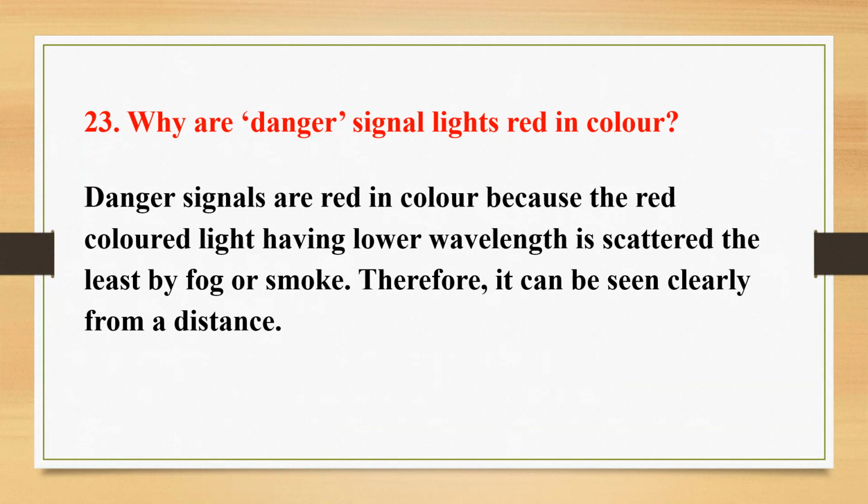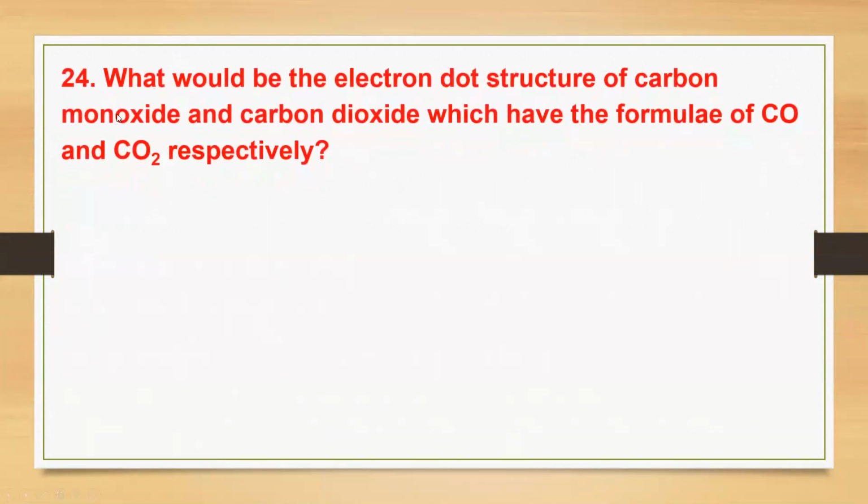That's why we can easily see the red color from very far. That is the reason why our danger signals are all red in color. Move to the next question.